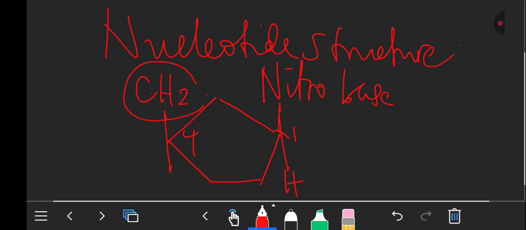At this point, there will be a reaction between this pentose sugar and the phosphate. So this is where the phosphate is going to attach itself. So this is the phosphate.